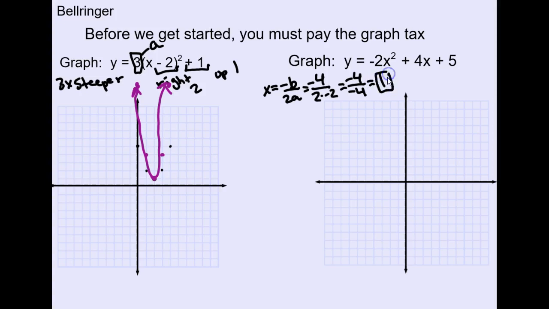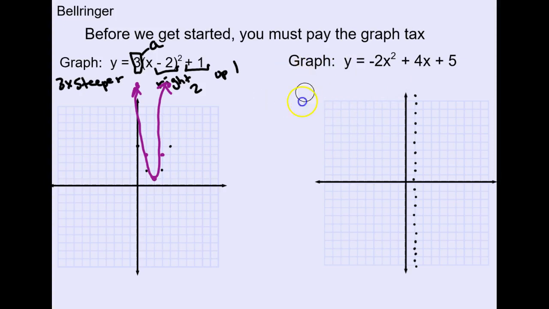Remember, a negative divided by a negative is a positive. So our axis of symmetry is at x equals 1. Let's go ahead and dot that in. Our vertex is somewhere on this line. Let's figure out where on this line. I'm going to go ahead and erase this. So it's somewhere on this line here.